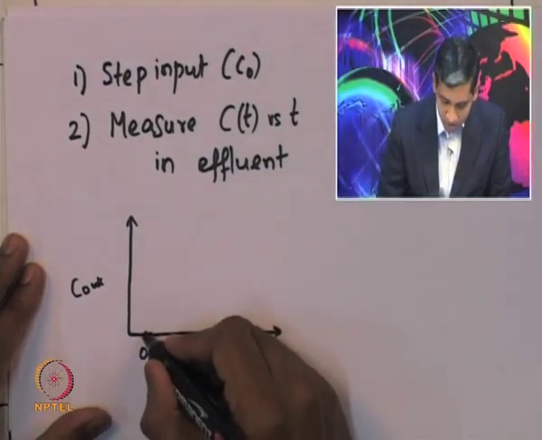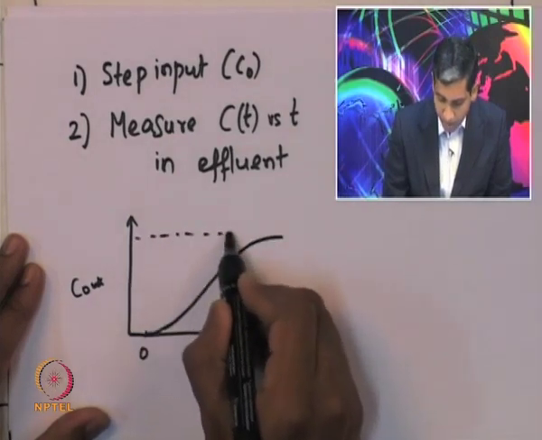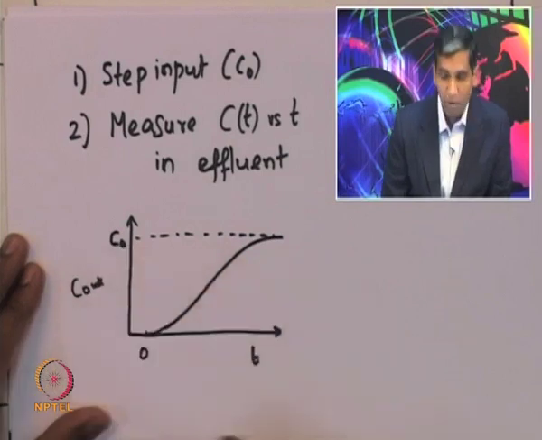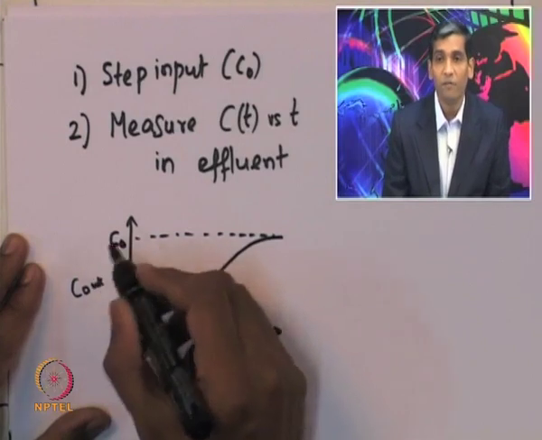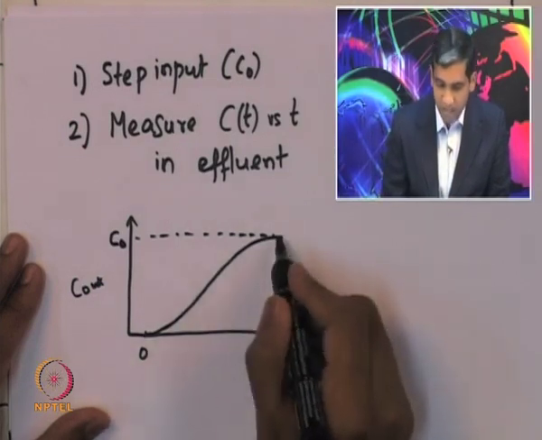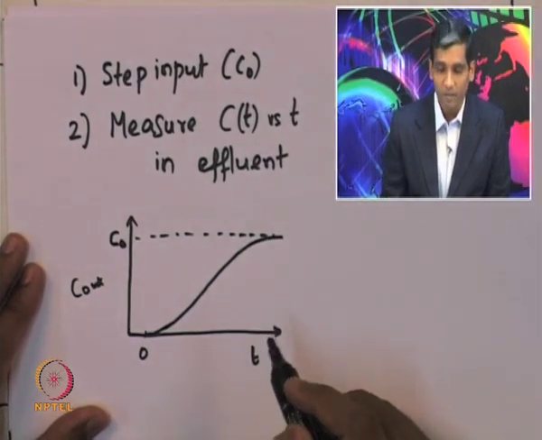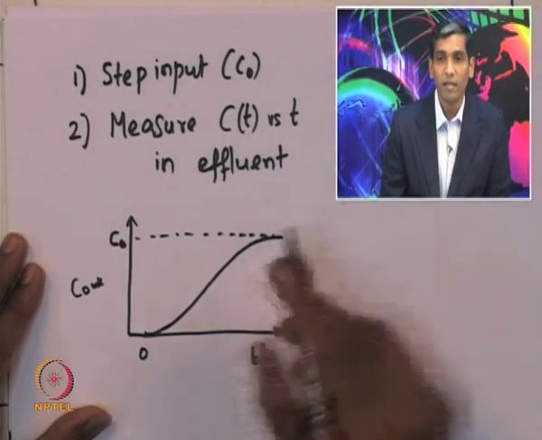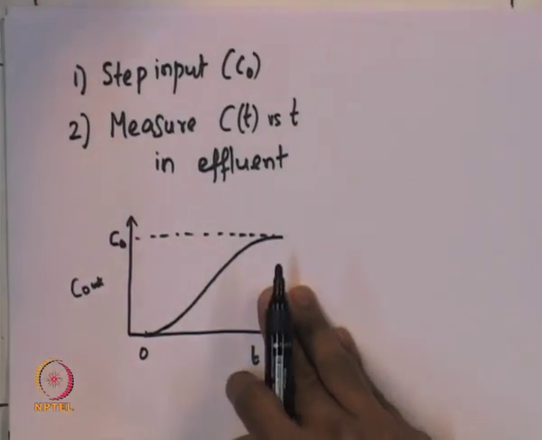The concentration slowly increases till it approximately reaches the constant concentration with which the tracer is maintained in the feed stream to the reactor. Till it reaches that concentration, one has to measure the concentration of the tracer in the effluent stream. Once it reaches that concentration, the step input can be stopped and the experiment is done. Now, once we measure this concentration versus time data, what can we do with this?